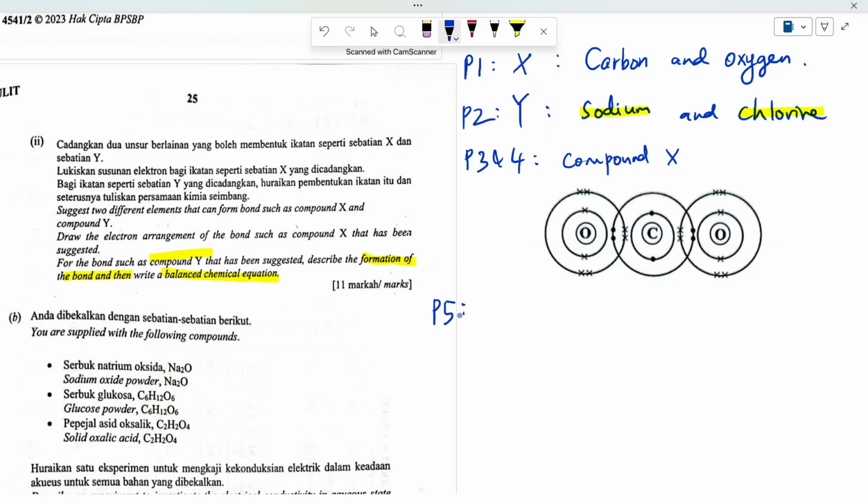Adrian and Faris, what is the first point to write for the formation of the ionic compound? Before it donates, you need to mention what first?